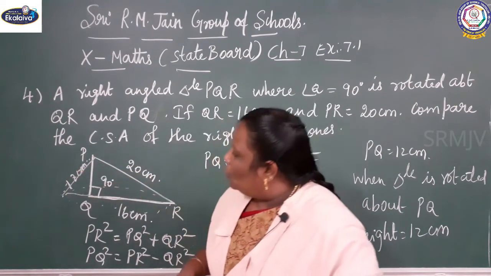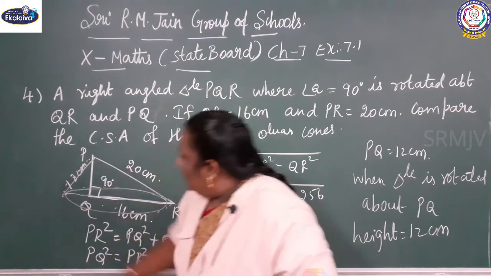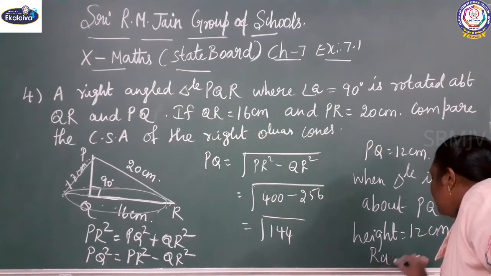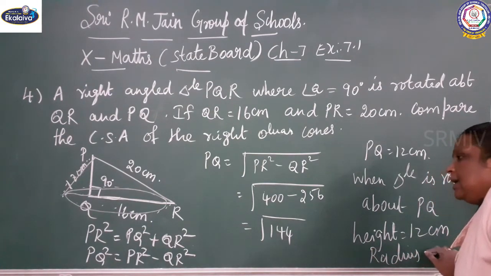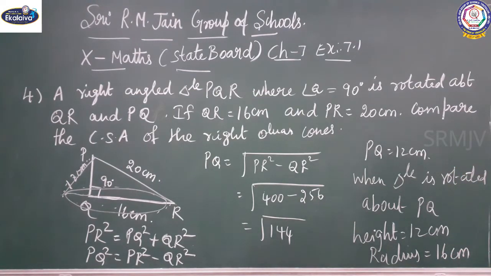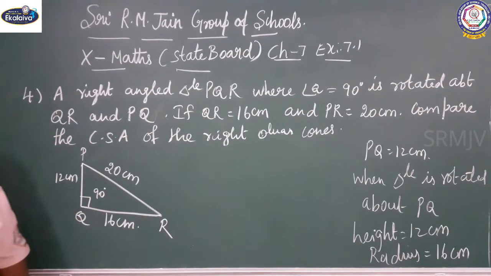Radius is nothing but QR. Radius equals 16 centimeters. See here, height equals 12 centimeters and radius equals 16 centimeters.